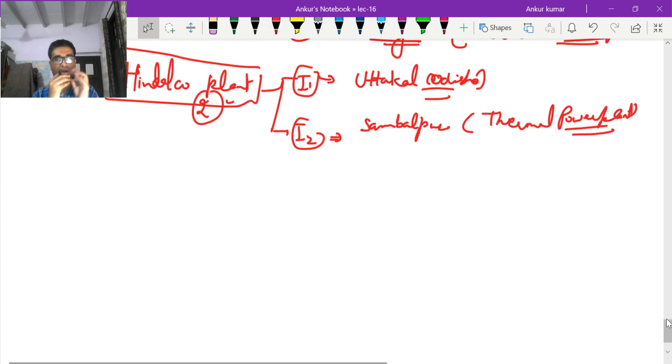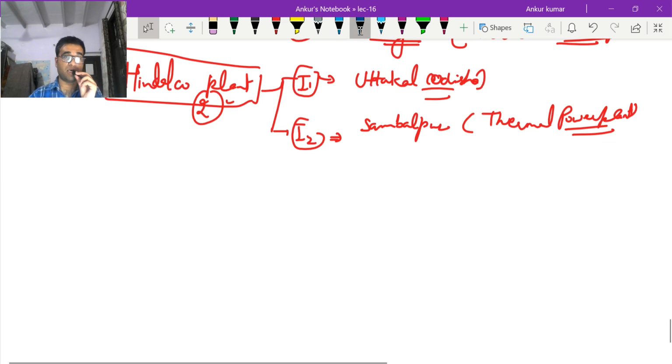Now you must remember that the locations where the I1 and I2 processes are carried out are distant, because HEP and bauxite cannot be sourced from close locations to each other. When they are present close to each other, we will try to locate the industry close to the HEP station.